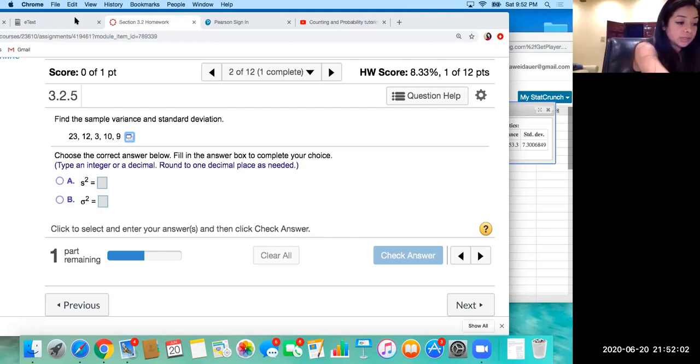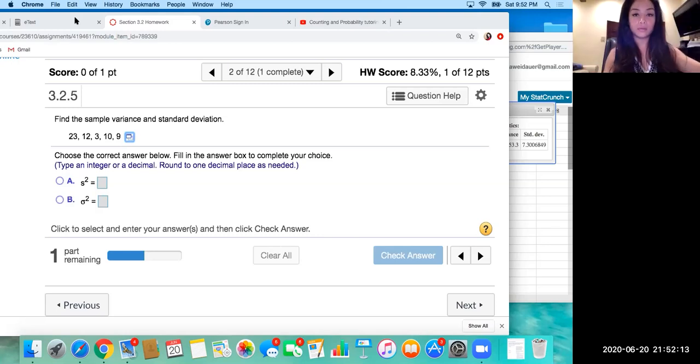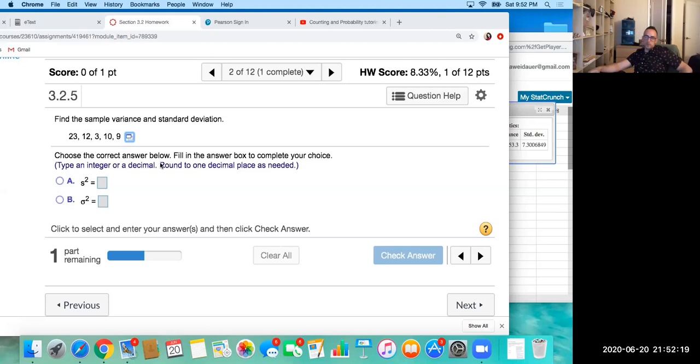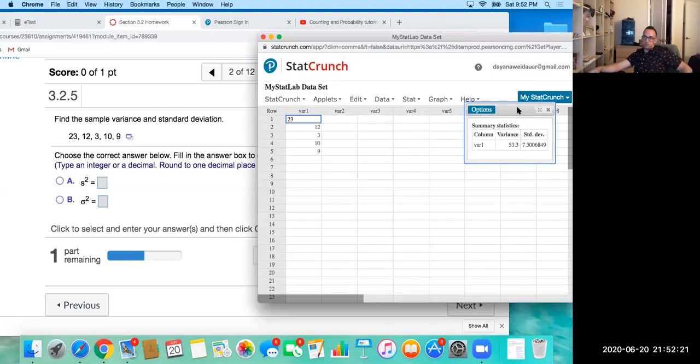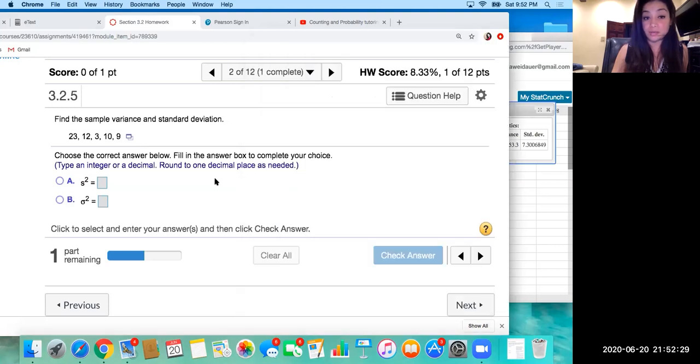English letters are for statistics, and Greek letters are for parameters of the population. Okay. Okay, I'm lost. I'm sorry.